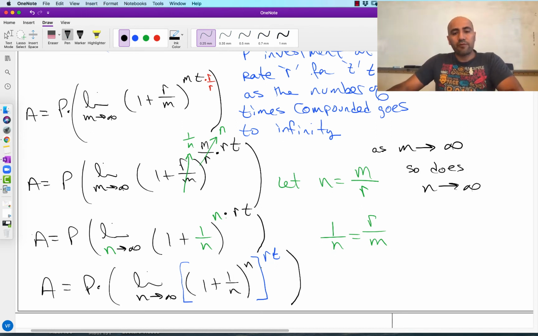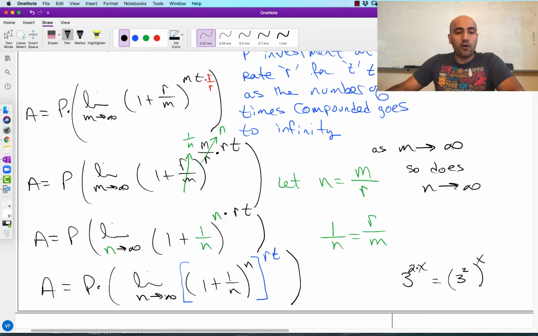Remember that if we have an exponential number, like 3 to the power of 2x, this is the same thing as 3 to the power of 2, raised to the power of x. When we have an exponential number raised to another exponent, we multiply the exponents. So for this reason, we're allowed to separate it this way. Here I had this multiplication, and I've turned it into this number raised to another power, the power of rt.